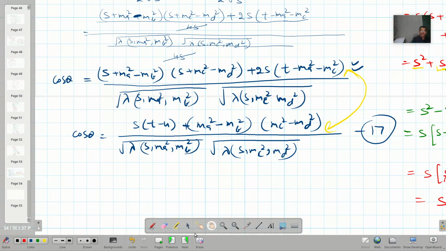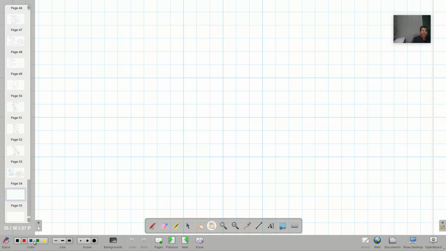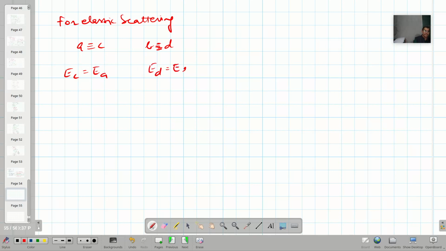Now for the case of elastic scattering, A is equivalent to C, B is equivalent to D, and E_C is equal to E_A, and E_D is equal to E_B, and m_A is equal to m_C, and m_B is equal to m_D, and momentum will also be equal.